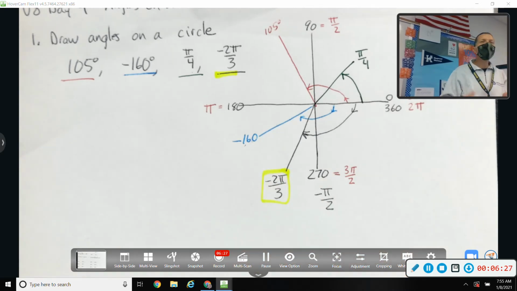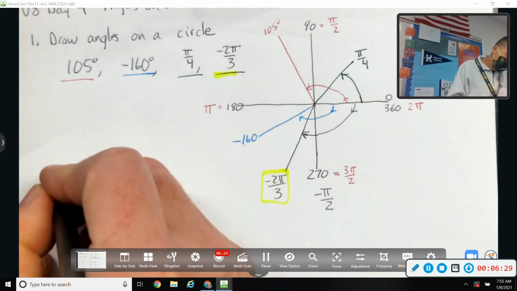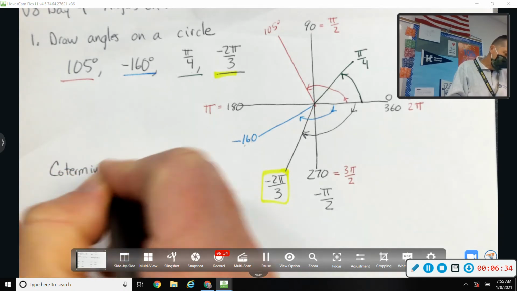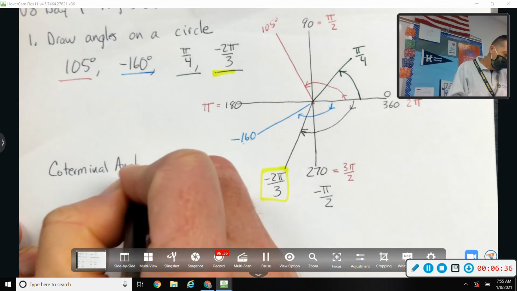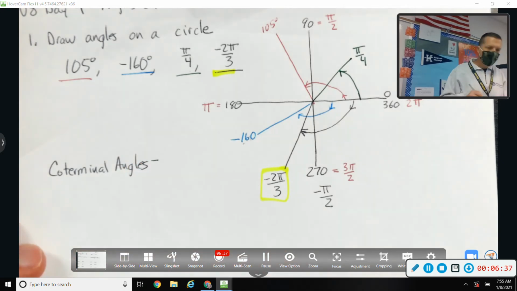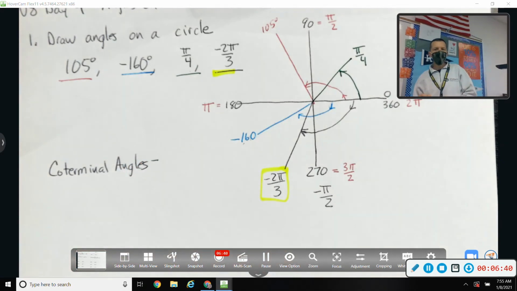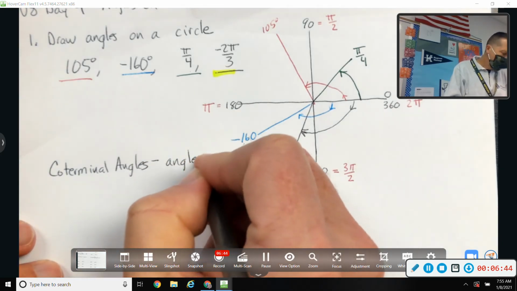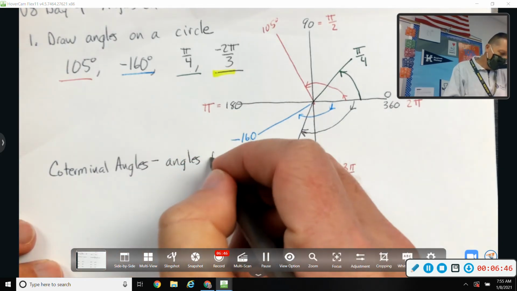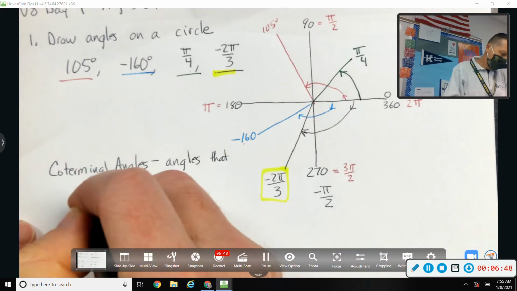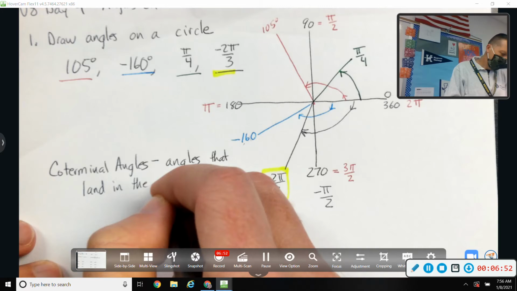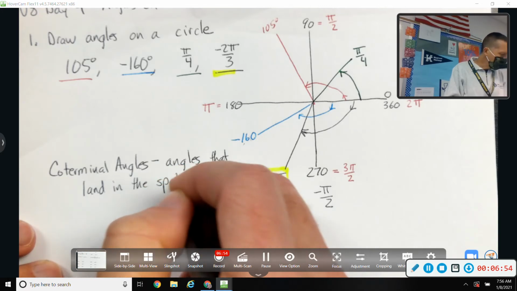There's different ways to land in the same place. And the fancy name for that is coterminal angles. And the not quite fancy definition is angles that land in the same spot or in the same place.